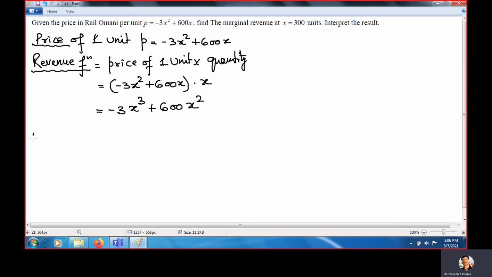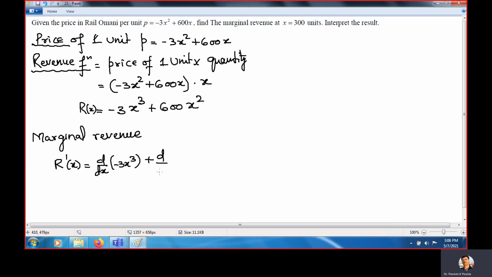Now we'll find the marginal revenue, denoted by R dash x. Marginal revenue is R dash x. So it is d by dx of the first term plus d by dx of the second term.